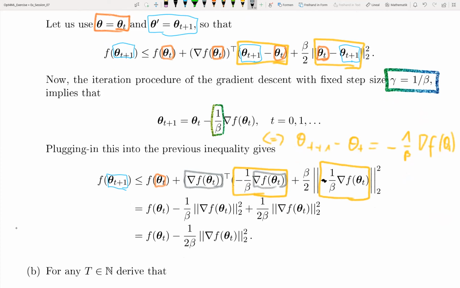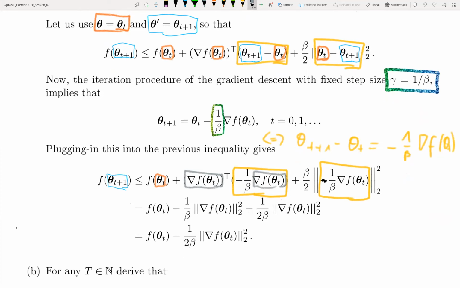Here, for the second term, what do we have? The beta from the squared Euclidean norm is coming out as a beta squared. So it cancels out the 1 in the numerator, and you are left with 1 over beta in the denominator.